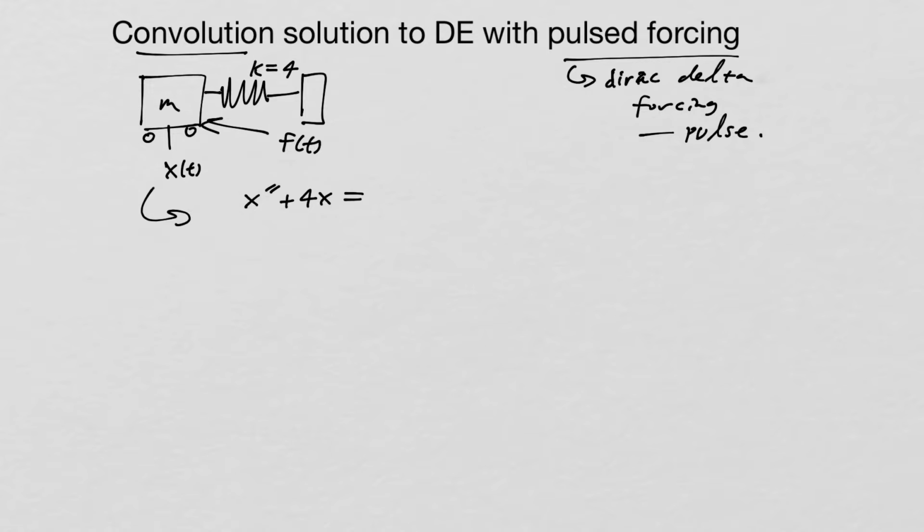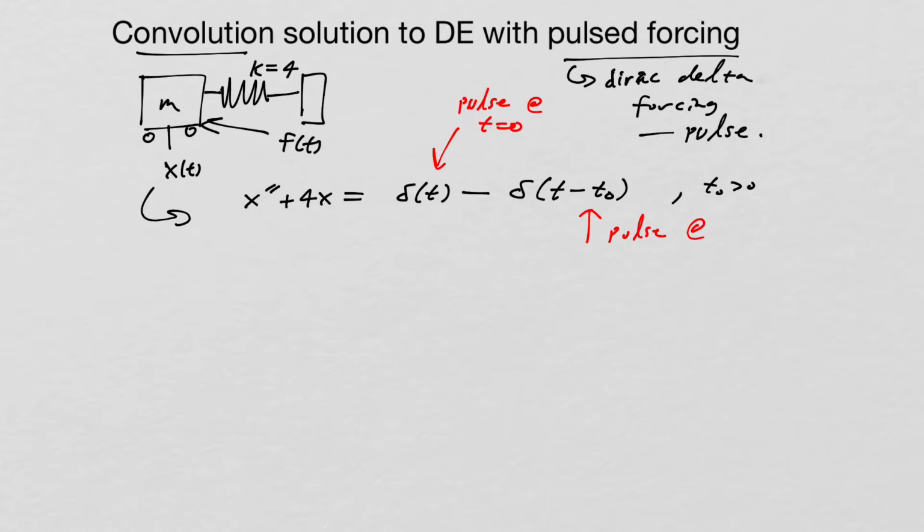The specific force that I want to force this with is actually a delta function, a pulse that happens at time 0, and then I'm also going to subtract from it another pulse that I'm going to give it at t minus t naught. Here I'll say that t naught is positive. So just to label, this is going to be a pulse at time equals 0, and here this is going to be a pulse at some later time.